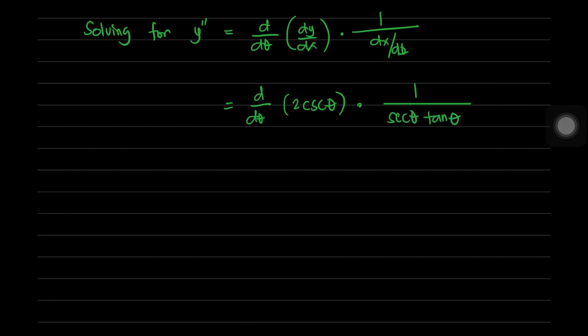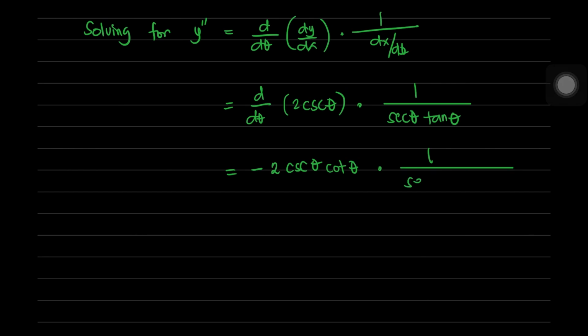So this is now equal to the derivative of 2 cosecant theta, which is negative 2 cosecant theta cotangent theta, multiplied by 1 all over secant theta tangent of theta.